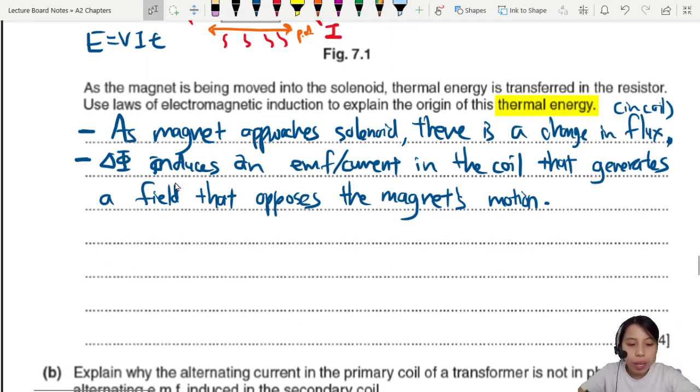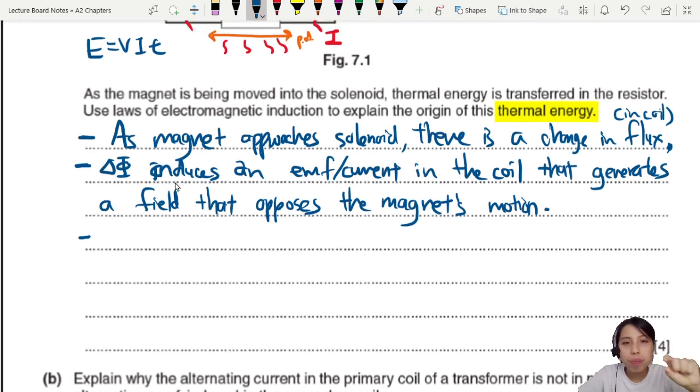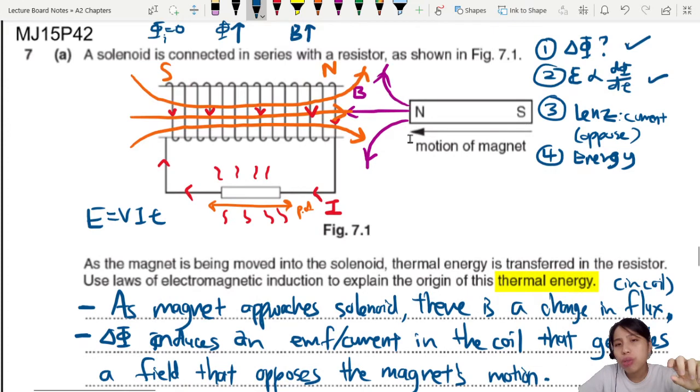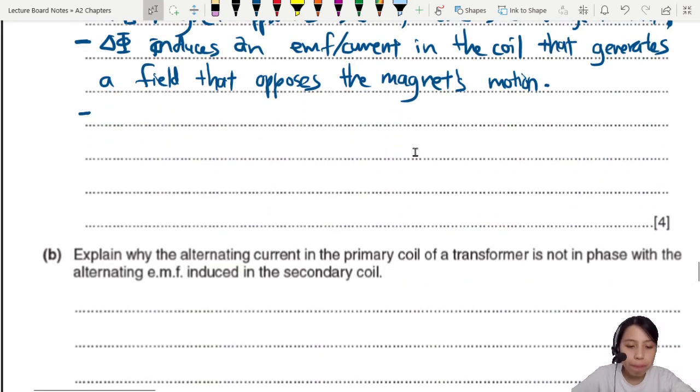So next, we are going to say that because of this opposition, you will need some energy to give the magnet so that it can push through. Because it's opposition, they're going to repel. It's a repulsive force. So you have to hold the magnet and force it to go in. So that's energy done by you. Kind of work done by you to push the magnet into the coil. So we're going to talk about that.